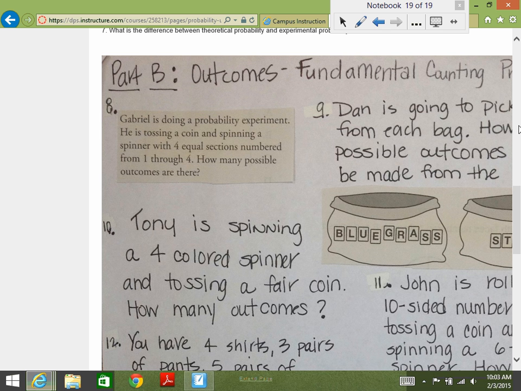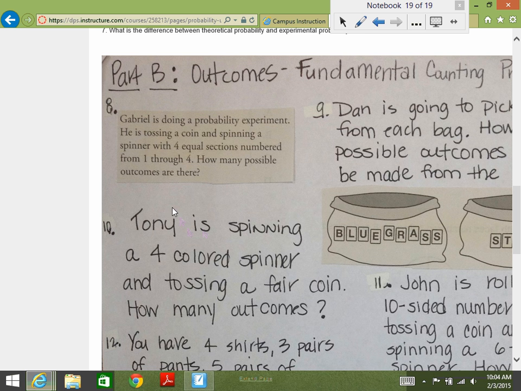Fractions. Outcomes will be whole numbers. Outcomes, outcomes, outcomes. I don't want to see any fractions in our next part. Got it? Okay.